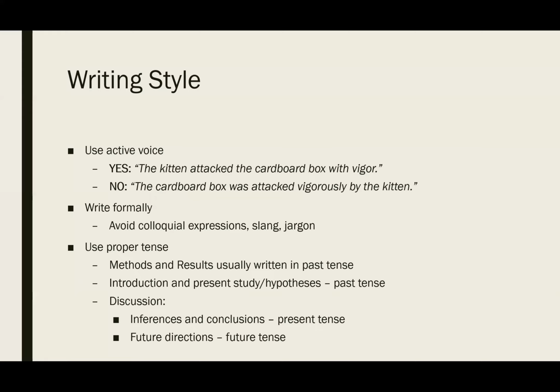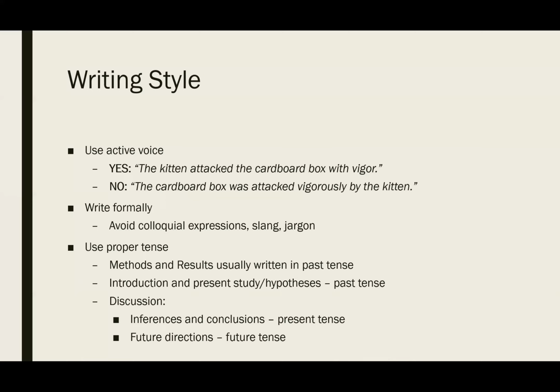And for proper tenses, the methods and the results are written in the past tense because in the methods you did it already, and in the results you found it already. The introduction and the present study or hypotheses are typically in past tense too, because other people have found the things you're discussing in your introduction, and you've formulated your research question and your hypothesis already.